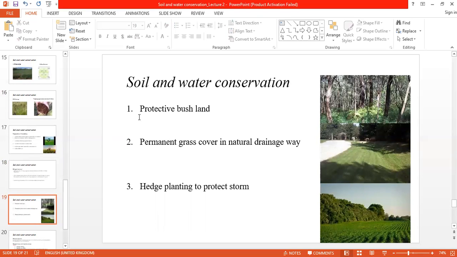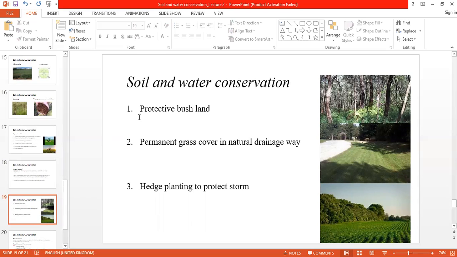So that area, you just leave it to be a bush. You just protect it and say this area will just remain as a bush. So that's a protective bushland. You've used a biological measure where you've just left it to have trees and grass so that you prevent degradation.